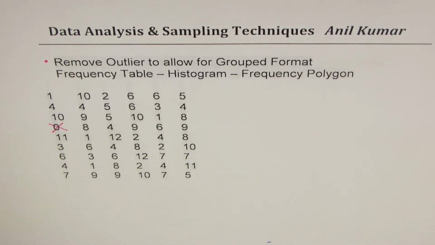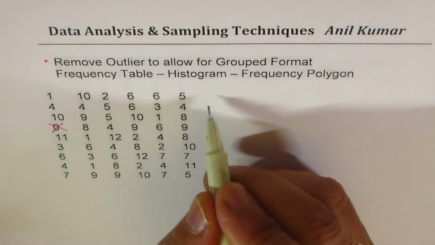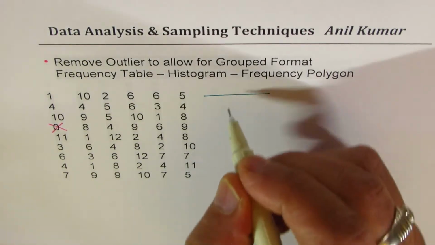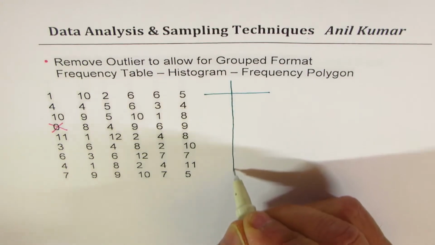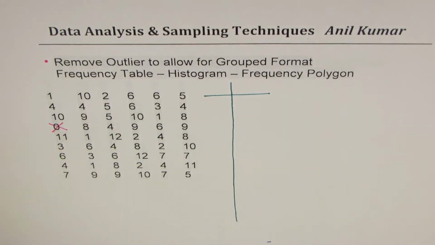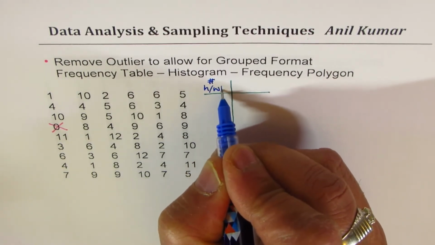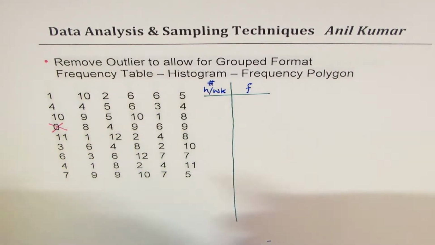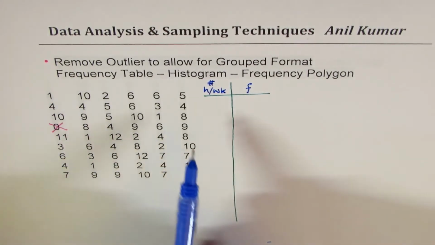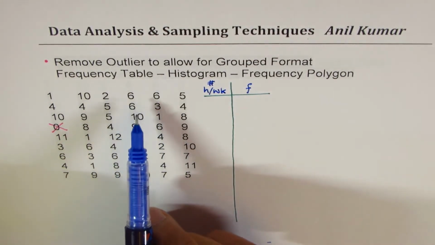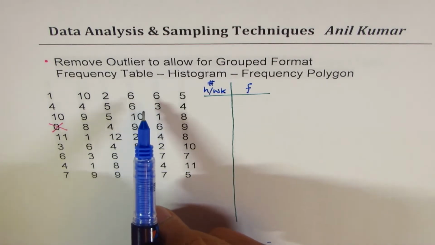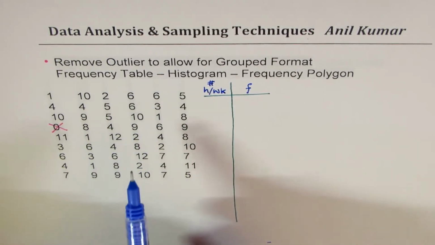So let's begin by making the frequency table. What I will do here is we'll just count the number of hours, how many times it appears. In this column, we'll have number of hours per week, and then we write frequency here. This data represents the number of hours students work at home per week, right?